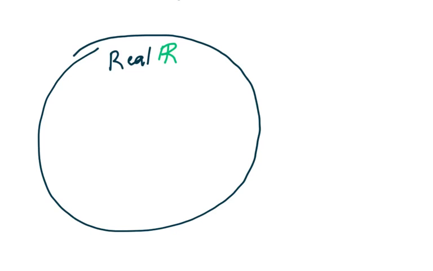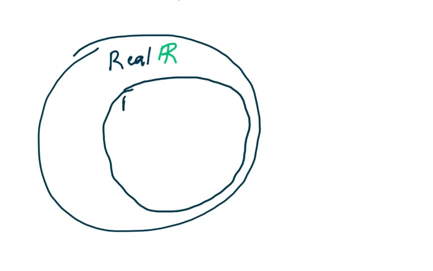Real numbers are made up of what we call rational numbers. And rational numbers are things that can be ratios or fractions. So for instance, a half or 3/2. After rational numbers, of course, we also have irrational numbers.